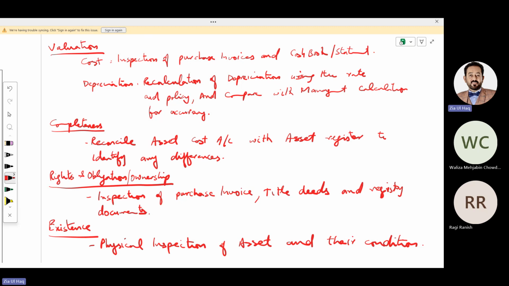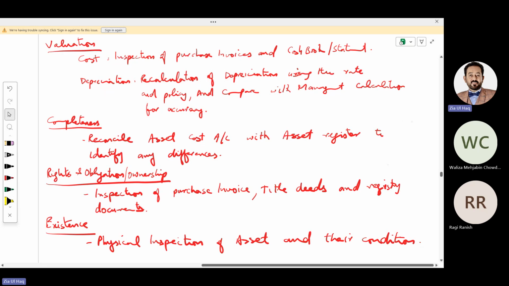We need to verify its condition as well, whether it exists at the value stated in the balance sheet. If the car is new, its price is much higher, maybe 80,000 dirham. If it is old, its value is about 10-15,000 dirham. If the company has written 80,000, this means the condition doesn't match the value.